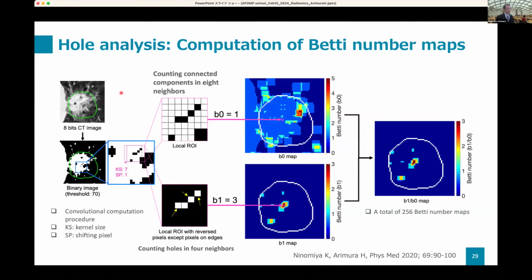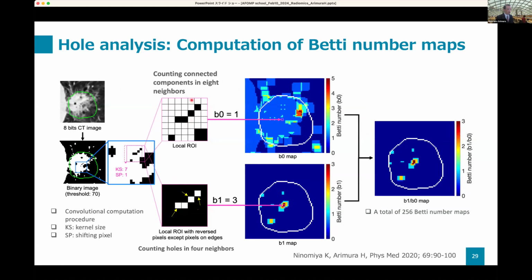Here is the overall scheme of the whole analysis. At first, we obtained the binary image like this. We focus on this area, and we calculate, in this case, the number of connected components and the number of holes.